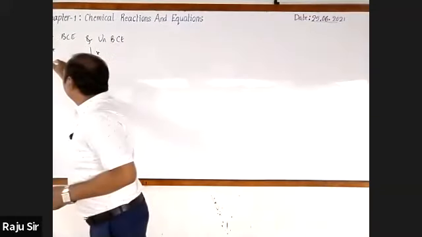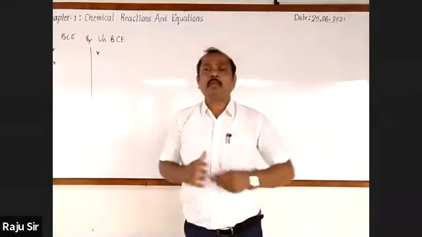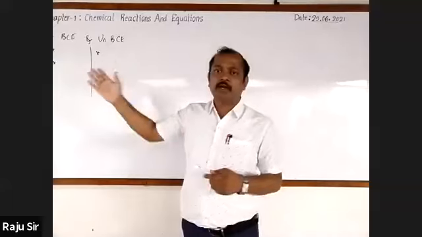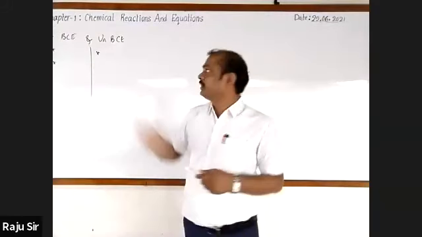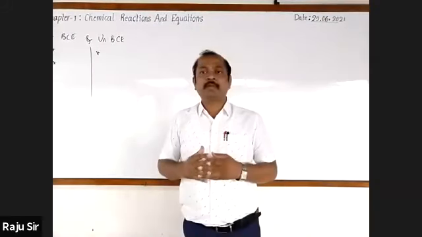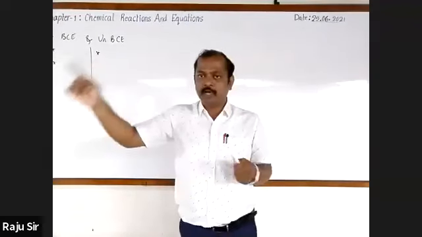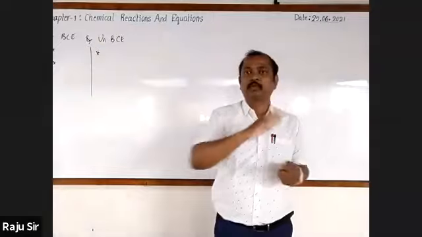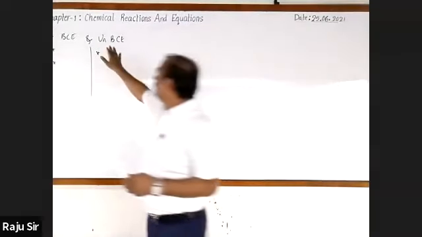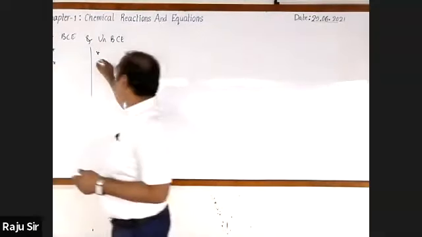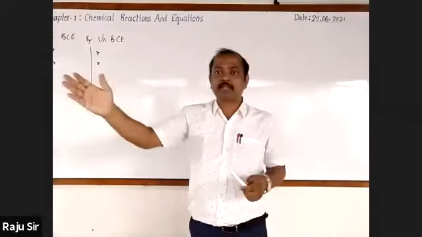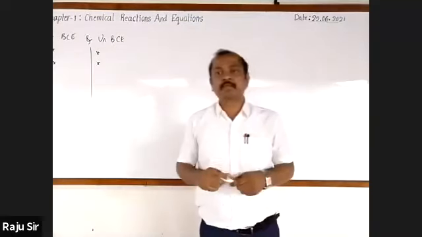Then when you observe the mass of reactants and products, in case of a balanced chemical equation, it is equal, right? That is, mass of reactants is equal to mass of products. In an unbalanced chemical equation, mass of reactants is not equal to mass of products.